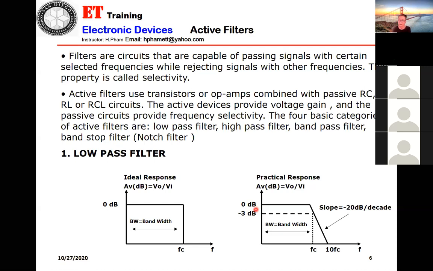This property is called selectivity. Basically, a filter tries to allow certain signals to pass through and blocks the others. You can see on your TV cable, when it's coming in, there is one wire that transmits more signals, for your voice and for the picture.